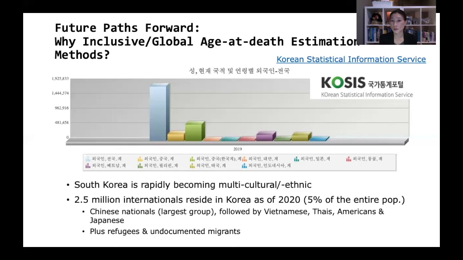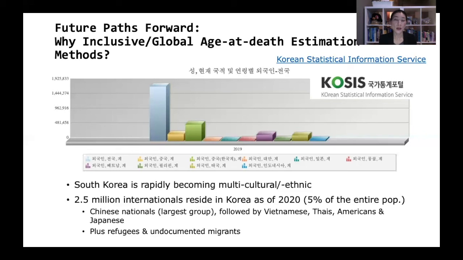The modern Korean demographic trend requires us to have the flexibility to accommodate these various populations who are now members of Korean society.